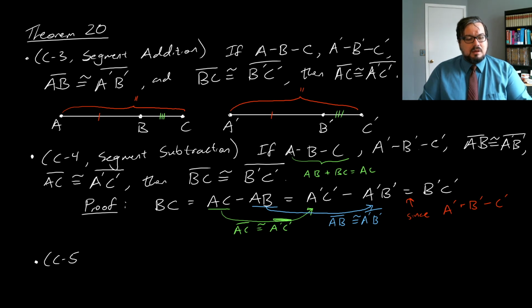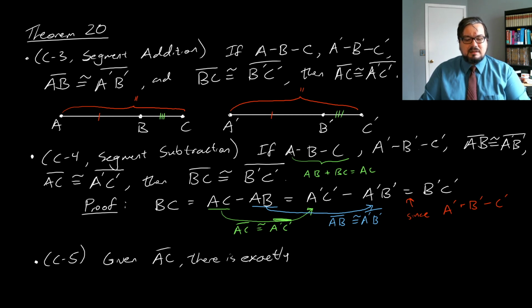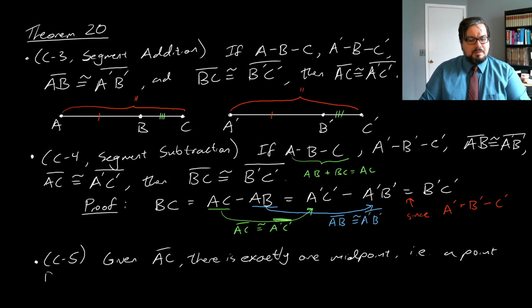All right, and the last one is the following. Given a segment AC, there is exactly one midpoint, i.e. a point B with B lying between A and C, and the segment AB congruent to the segment BC.